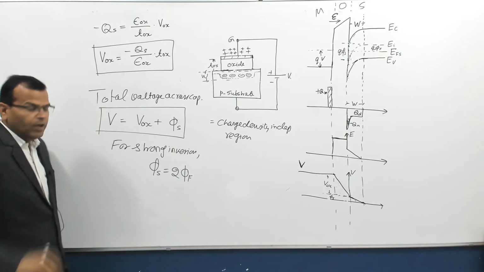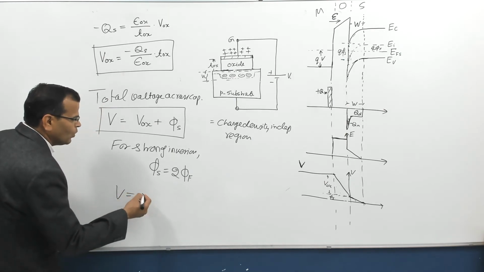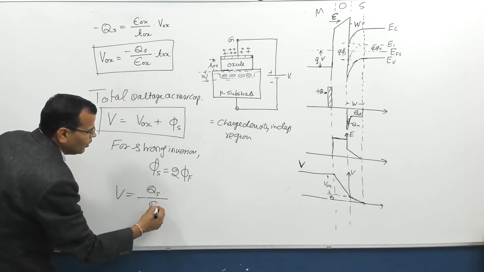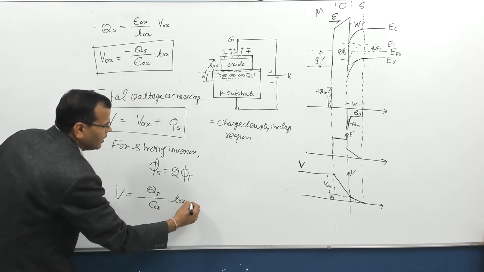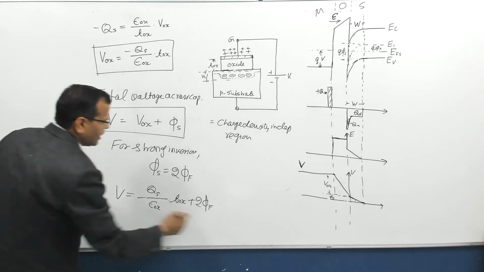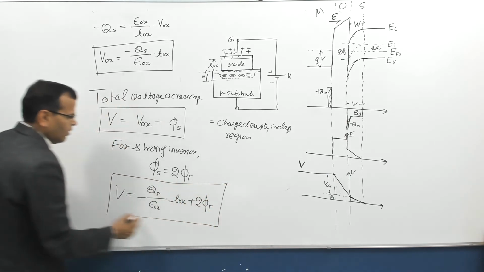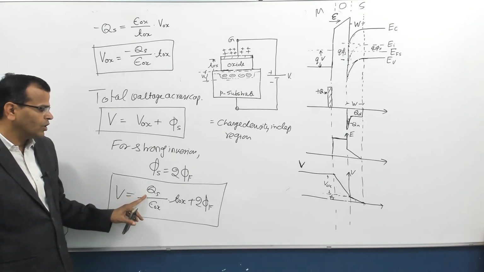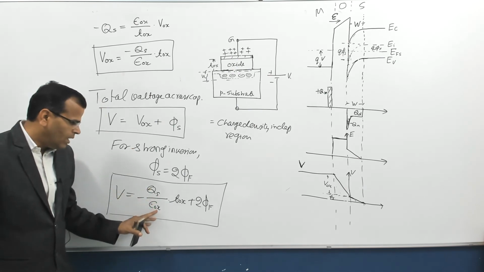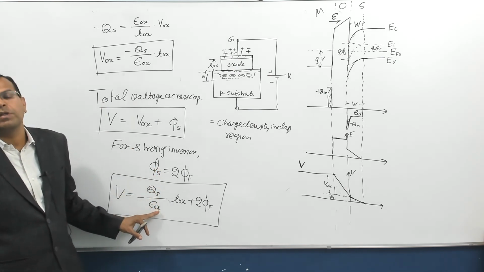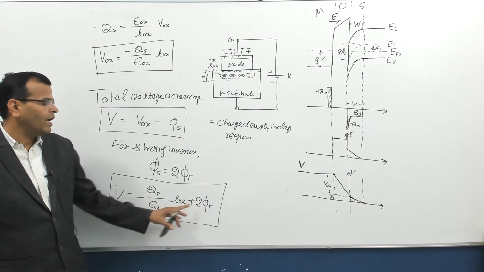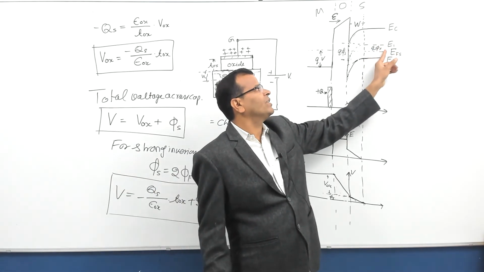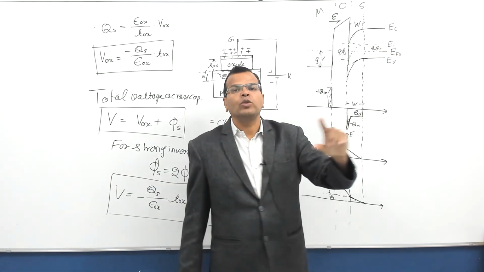Twice phi F. So the externally applied voltage will be equal to VOX, which is nothing but minus QS by epsilon OX into TOX, plus twice phi F. That is the expression of the external voltage drop across the capacitor in terms of the charge stored in the semiconductor region, the permittivity, sometimes called the dielectric constant, the thickness, and phi F. Phi F is nothing but the energy difference between the intrinsic energy level and the actual Fermi level.